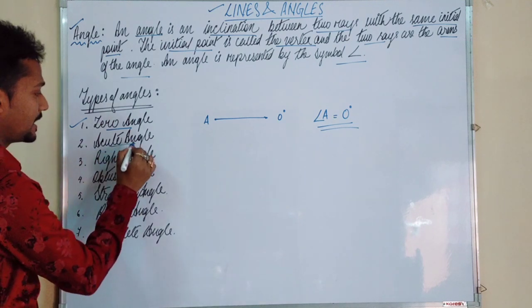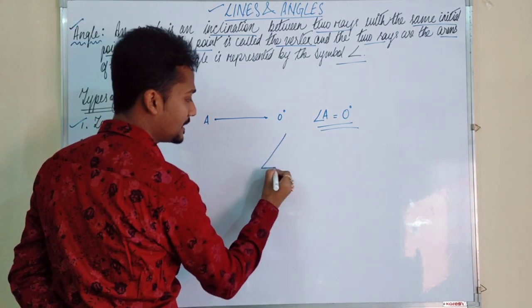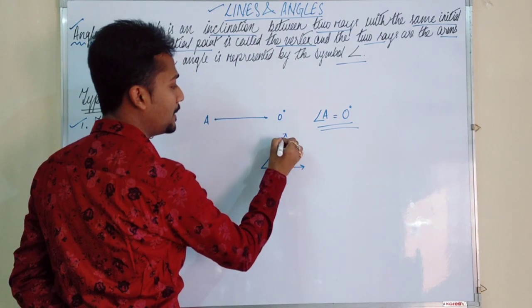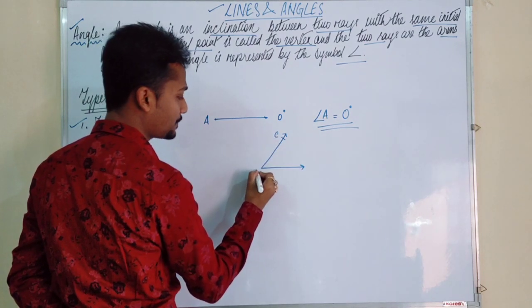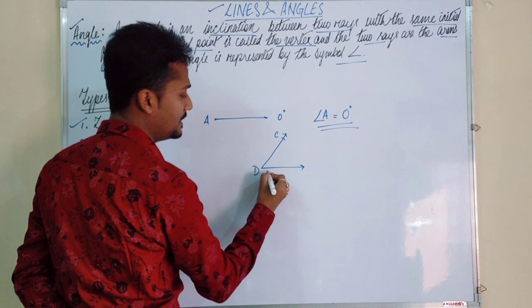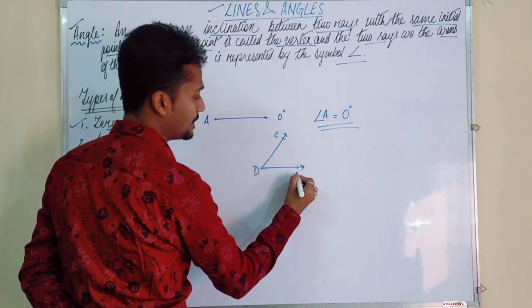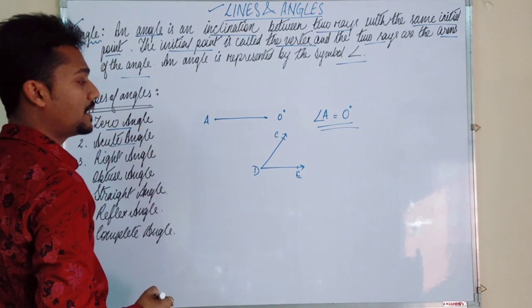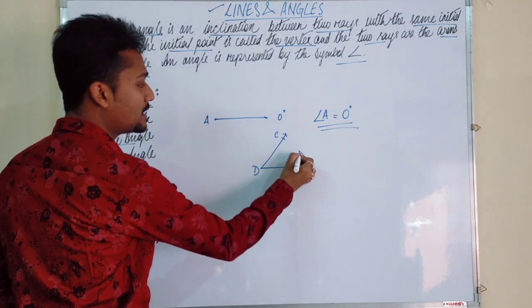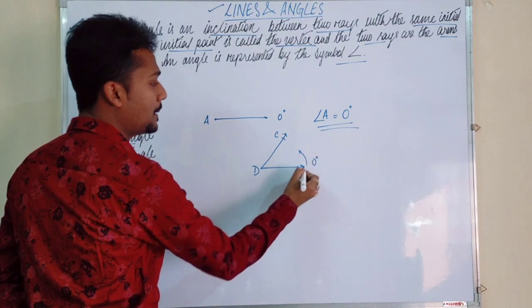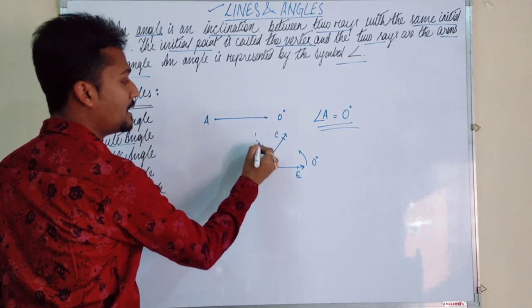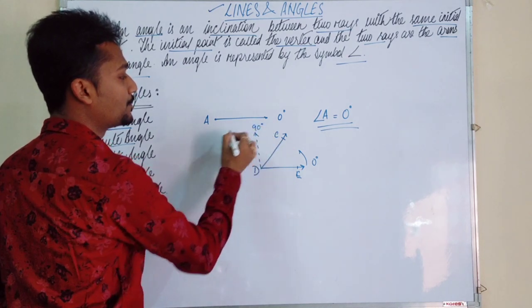Then acute angle. Let us see one angle, mark it as CDE. If you see this particular angle, this is more than 0 degree, but less than 90 degree.